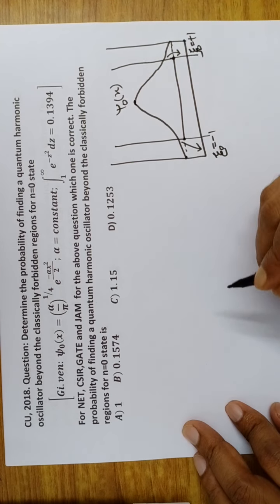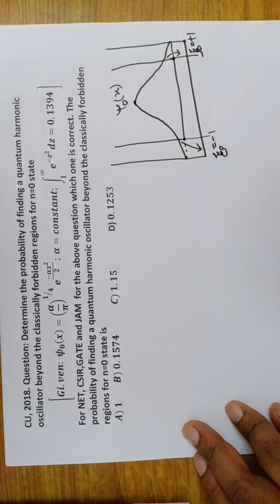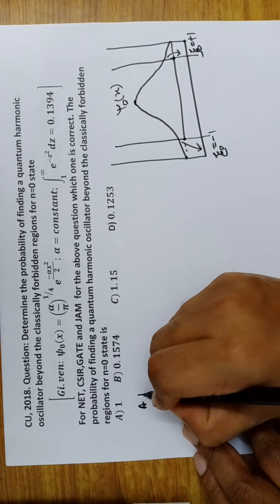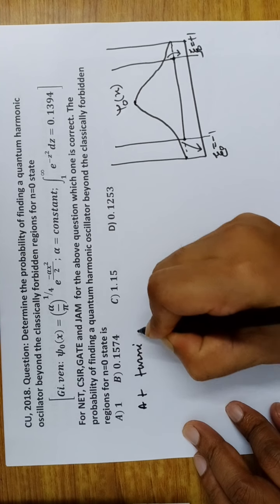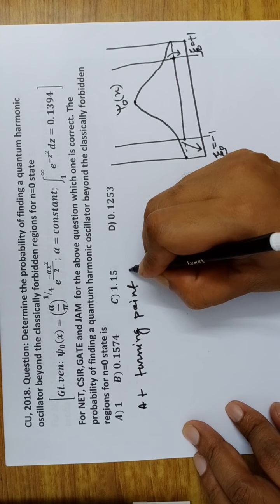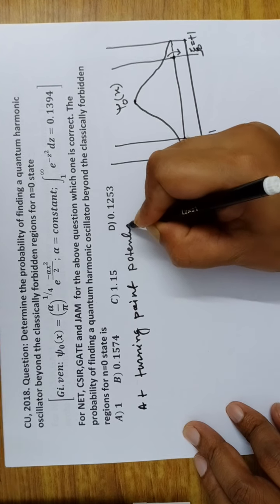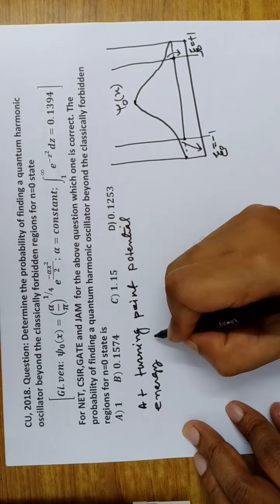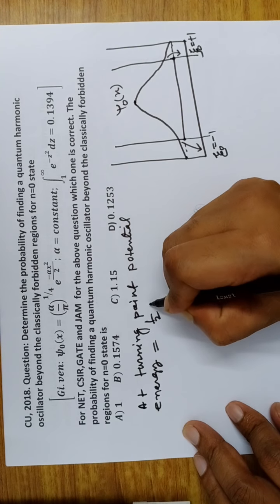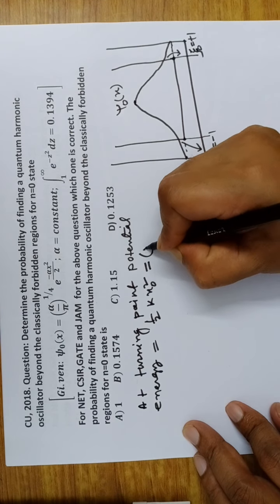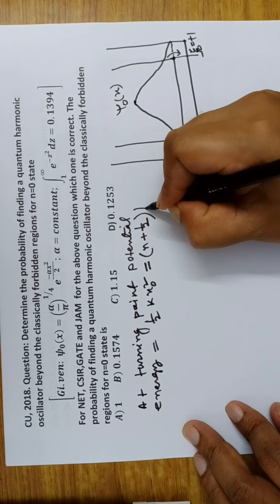Then at the turning point, the potential energy, or total energy, may be equal to just half k x0 square. This will be n plus half h nu.